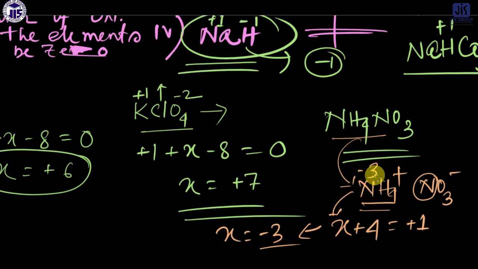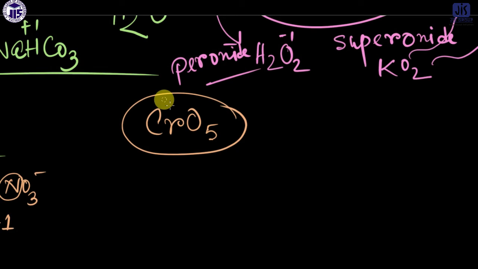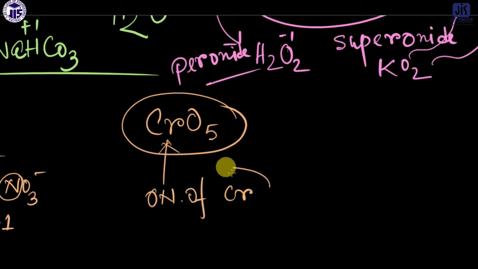Now, there are some exceptions also during the calculation of oxidation number. First of all, a very common example is a compound like CrO5. The general question is, what is the oxidation number of chromium here? Generally, students think this is a very simple case.